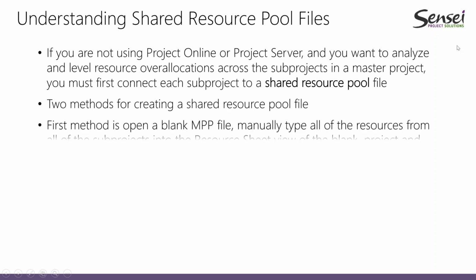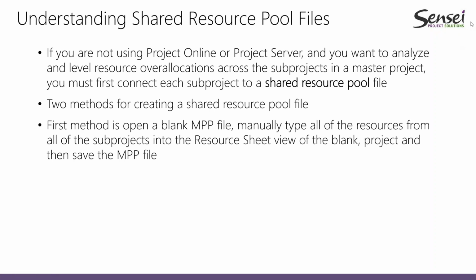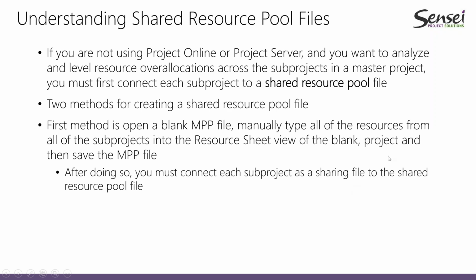The first method is to open a blank MPP file. And in that blank MPP file, what you'll end up doing is you will manually type all the resources from all of your sub-projects into the resource sheet view of this blank file, and then you'll save the MPP file with a name that clearly identifies it as a shared resource pool file.